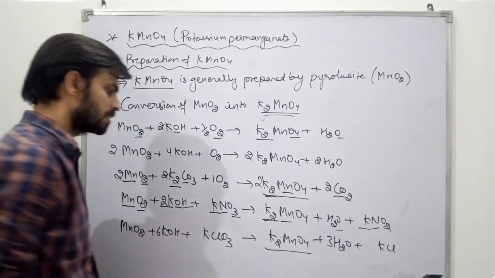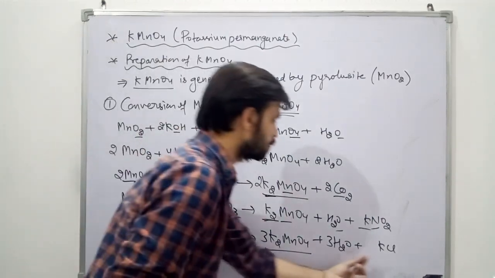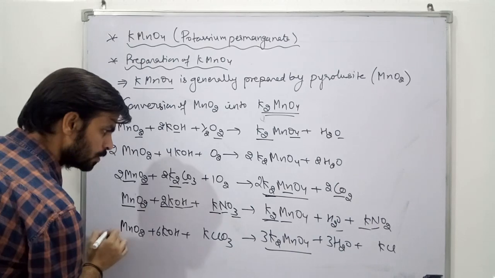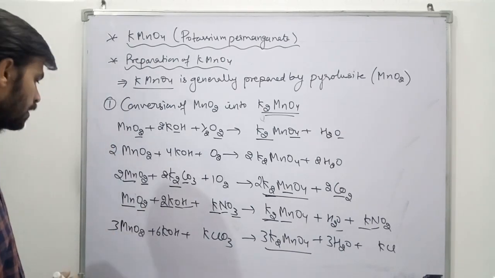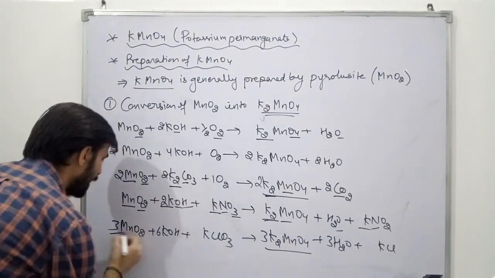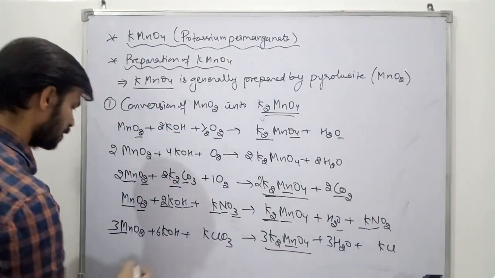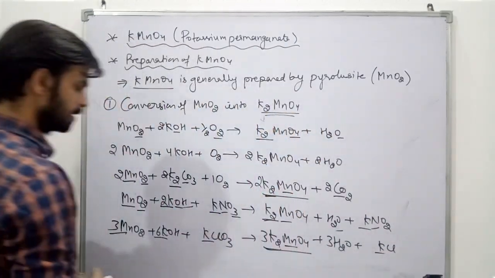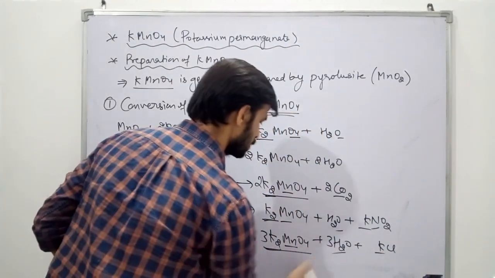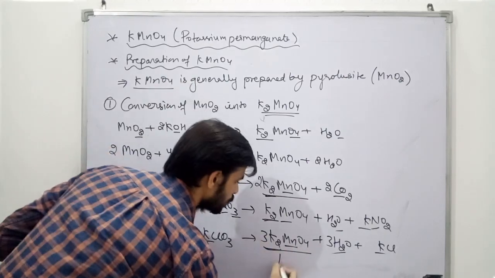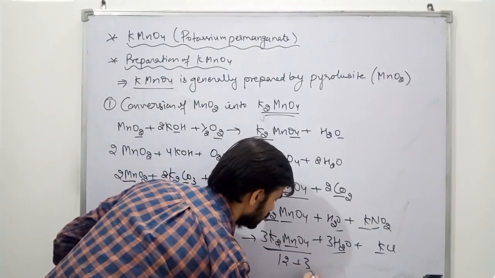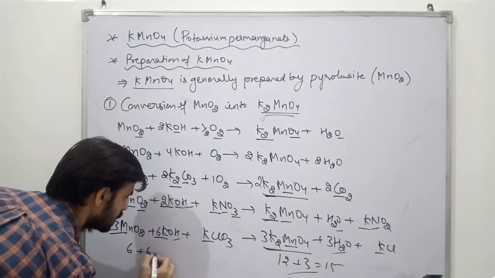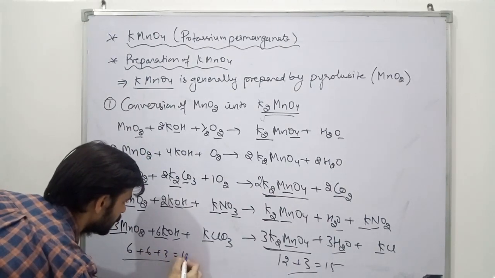Now we have 6 plus 1, 7, then 6 plus 1, 7. 3 manganese, so put the value 3 here. Now it is a balanced equation. 3 manganese, 3 manganese, 6 hydrogen, 6 hydrogen. 4 times 3 is 12 plus 3, that is 15, and 6 plus 6 plus 3, that is 15.